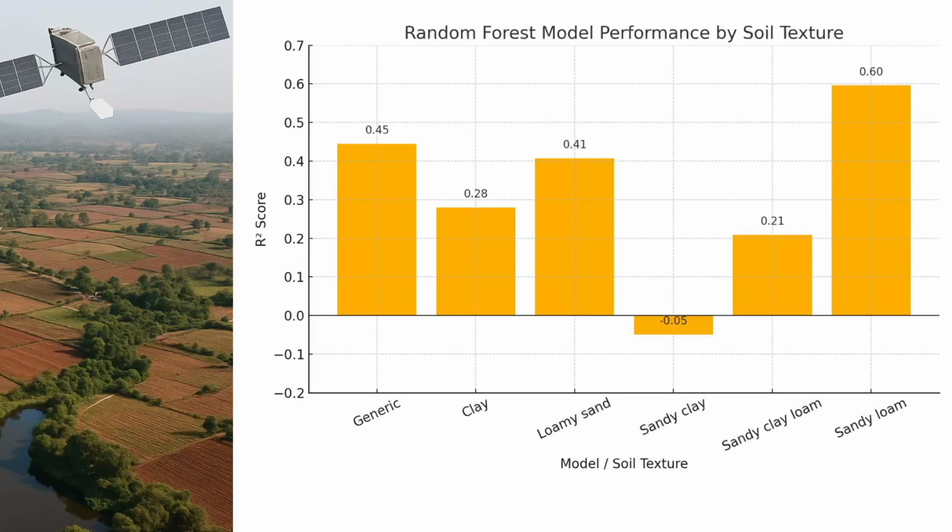Here in this plot we see the R square for each model. The generic model was around 0.45, but what's important is that when the model was trained on sandy loam, or an individual soil texture, the sandy loam gave us the highest R square of 0.6, which is around a 34% improvement as compared to the generic model.